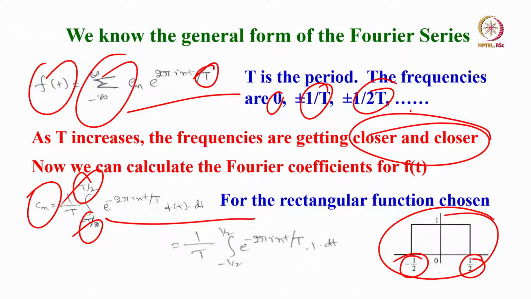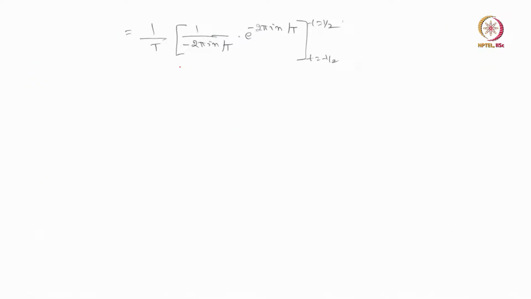So accordingly we change the limits of the integration, minus half to plus half, and this is the function. And f of t in this region is 1. So the integration boils down to a simple term, 1 over T, integral from minus half to plus half, e to the power of minus 2 pi i n t over T. This is what I have taken, I have put it here.